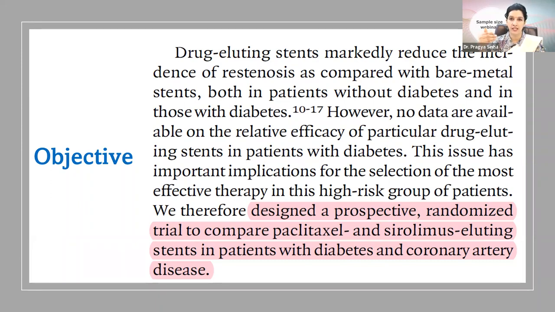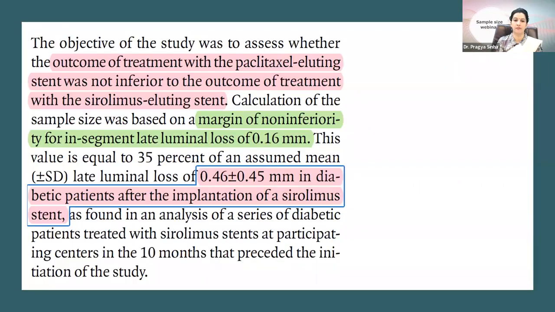I have just taken these excerpts from the journal. So they designed a prospective randomized trial to compare paclitaxel and sirolimus eluting stents in patients with diabetes and coronary artery disease. The objective of this study was to assess whether the outcome of treatment, which was restenosis, with the paclitaxel eluting stent was not inferior to the outcome with the sirolimus eluting stent. Now, we are not going to go into the detail of why the author planned this.